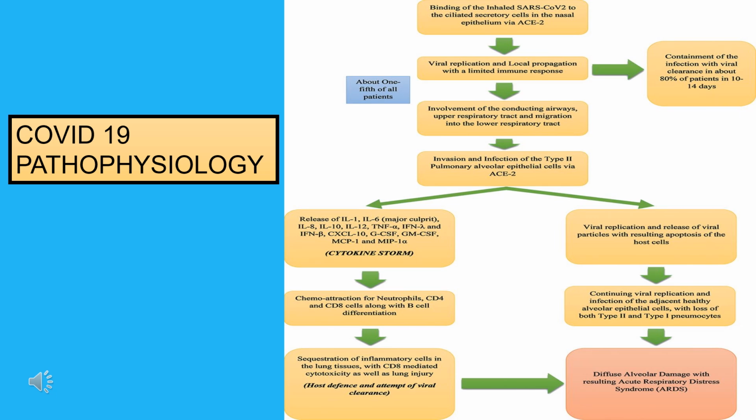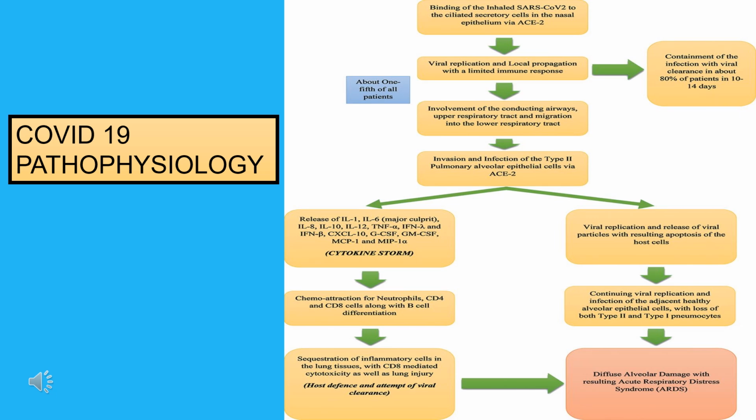Although these cells are responsible for fighting off the virus, in doing so they are also responsible for the subsequent inflammation and lung injury. The host cell undergoes apoptosis with the release of new viral particles, which then infect the adjacent type 2 alveolar epithelial cells in the same manner.